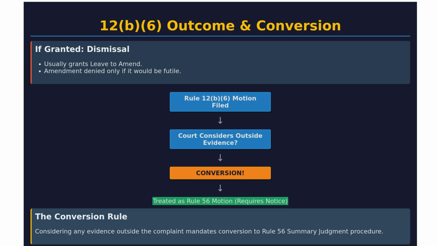This transformation is not merely semantic. It requires the court to provide proper notice to both parties that the motion is now being treated as a summary judgment motion, allowing them time to submit all necessary evidence under the full scope of Rule 56 procedures.